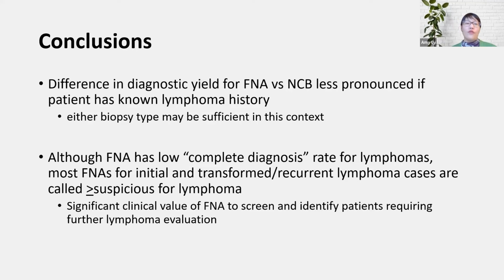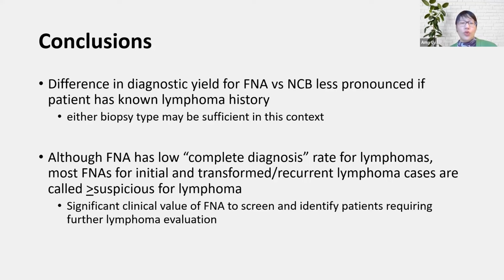And although FNA has a reported low complete diagnosis rate for lymphomas, most FNAs for initial or transformed recurrent cases were called at least suspicious for lymphoma usually more than 80% of the time.